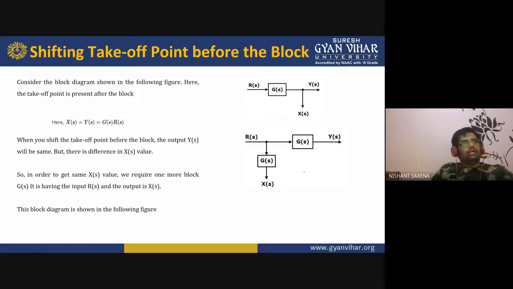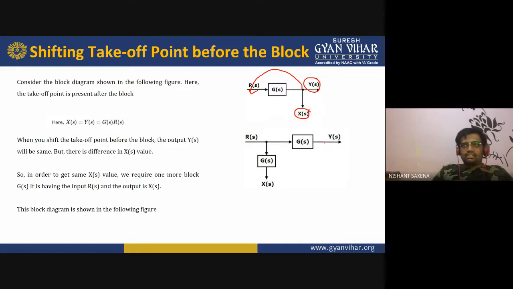Now, another possibility was when we want this takeaway point to move backward, keeping XS the same and YS the same. How to do that?